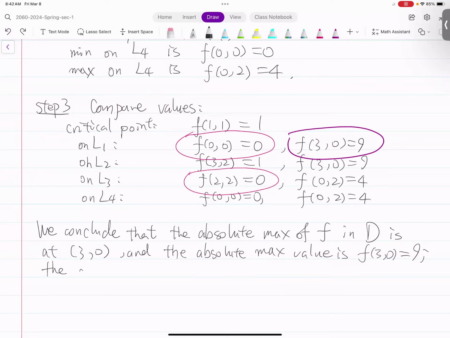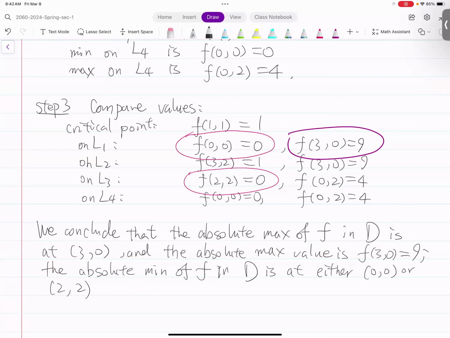And the absolute minimum of the function f in the set D is at either (0, 0) or (2, 2), with absolute minimum value 0.